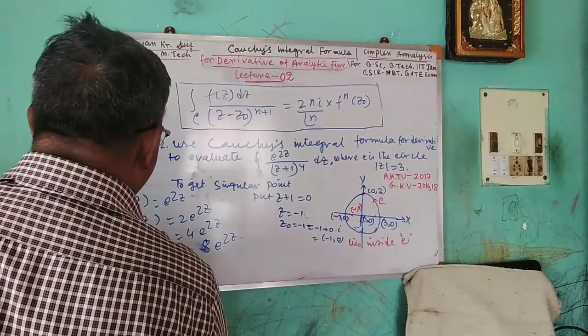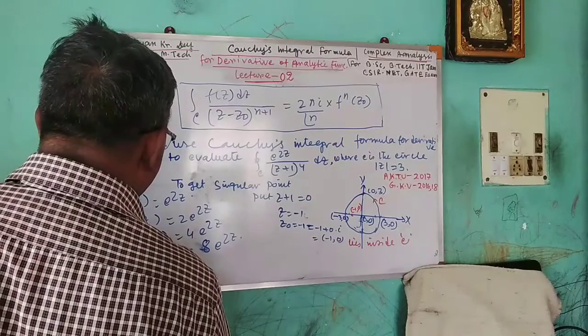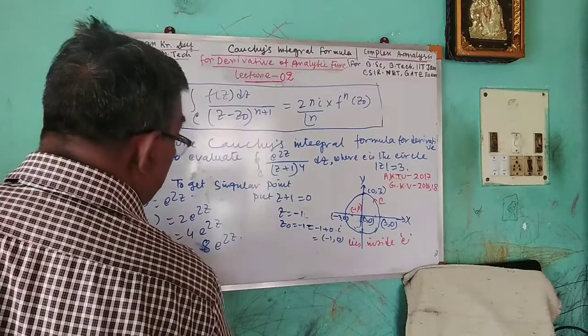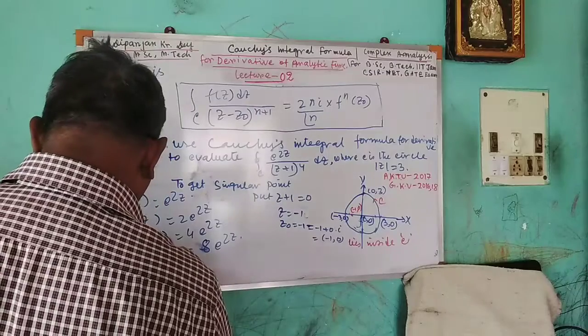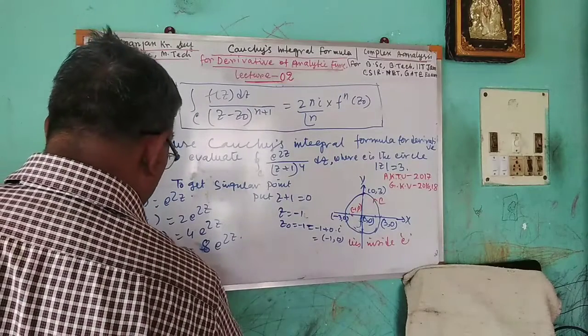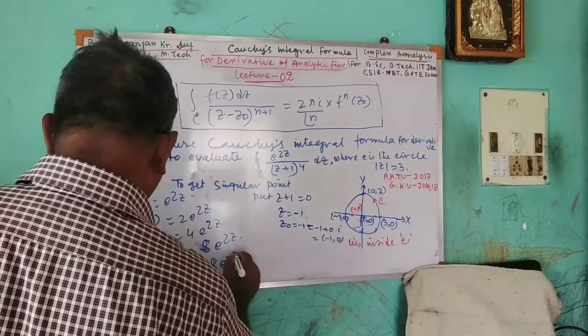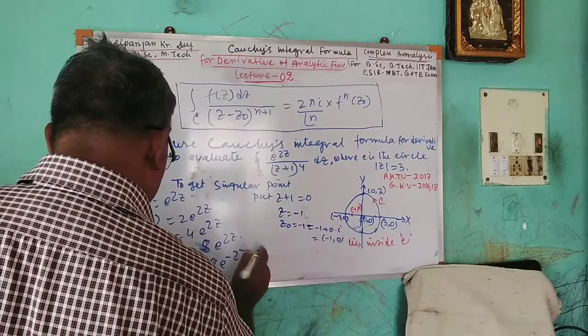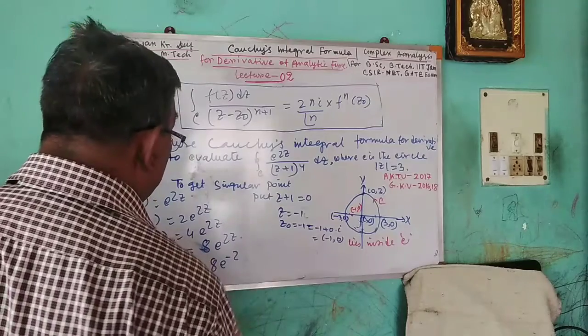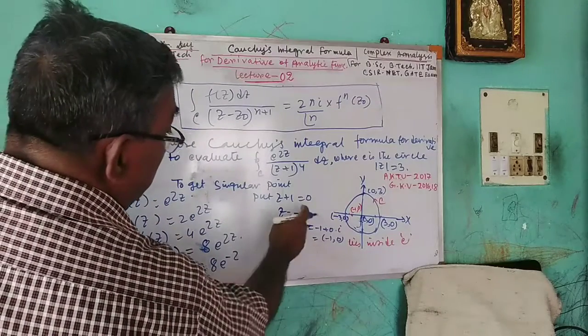So f triple dash at minus 1 is 8 e to the power 2z, with Z0 equal to minus 1.